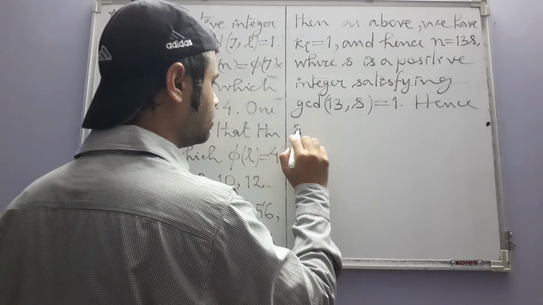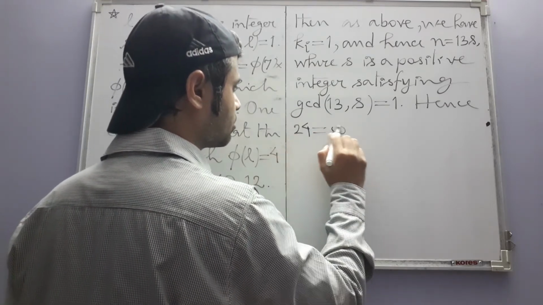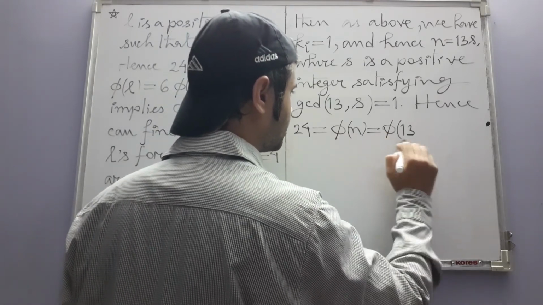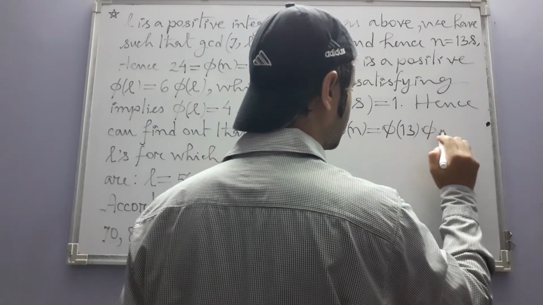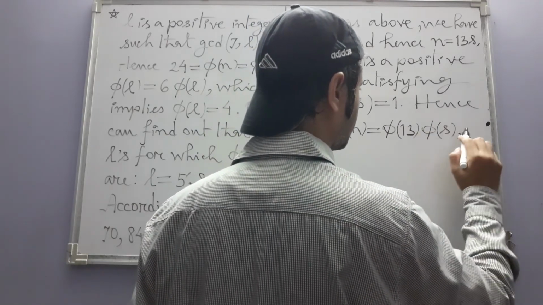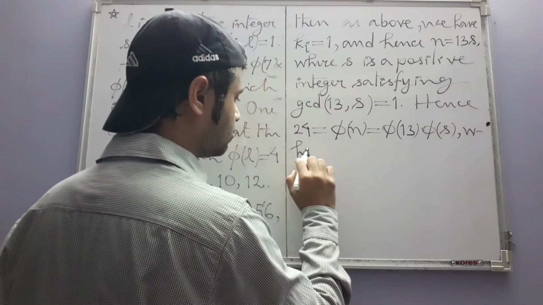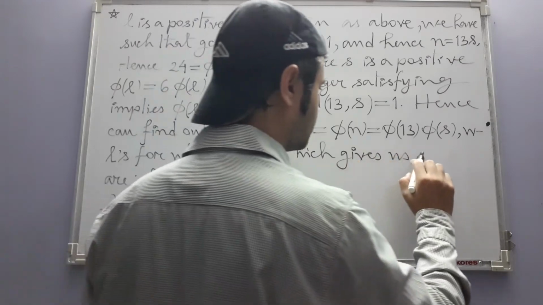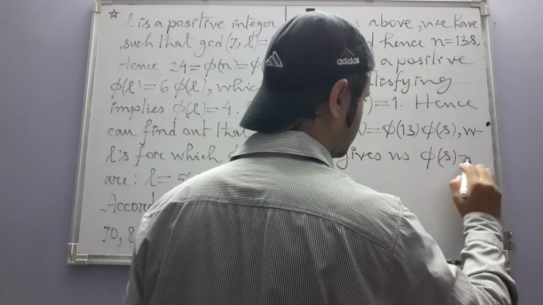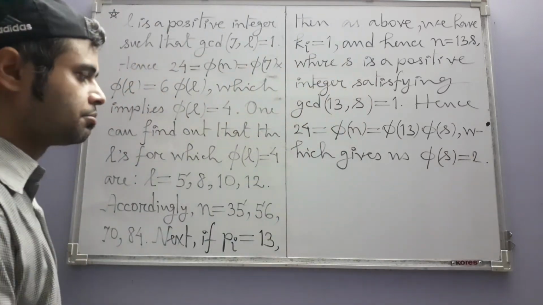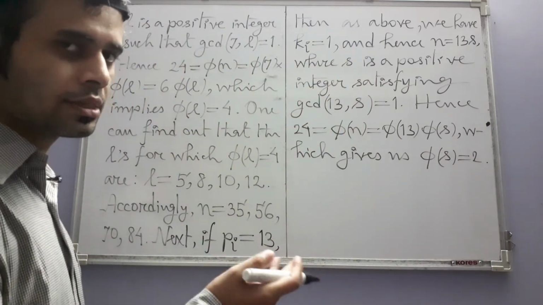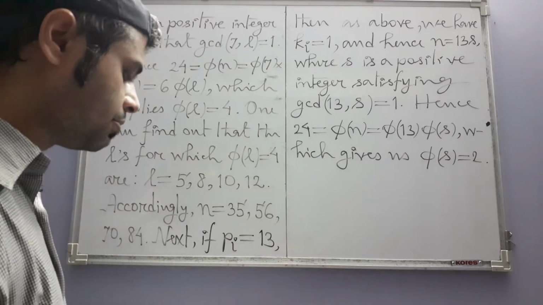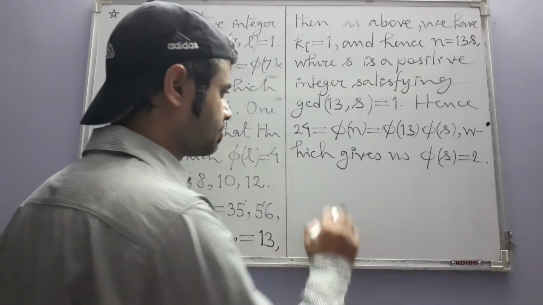Hence again 24 is equal to phi of n, which is phi of 13 times phi of s, which gives us phi of s equal to 2. In this case it's even easier. Previously we had phi of l equal to 4. In this case it's even smaller. Phi of s is equal to 2, and here there are 3 options.